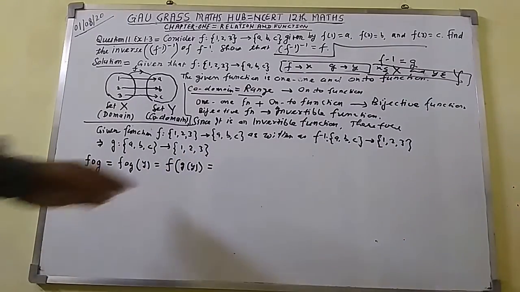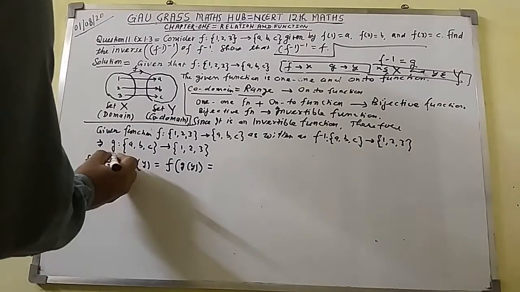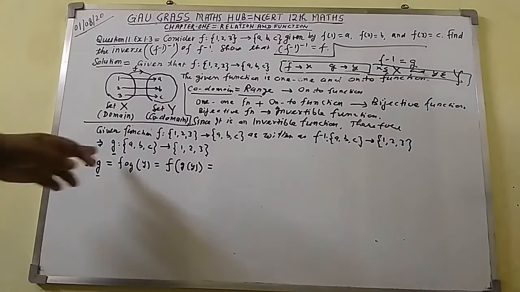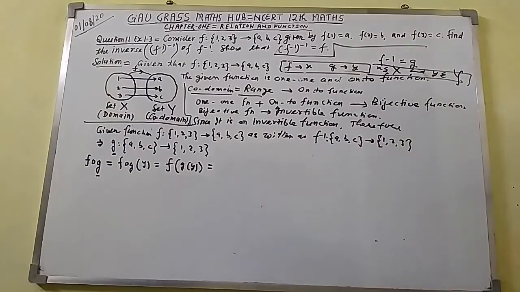Now I have written this one. So what to do here? You have to find what gy is, f of gy. So here you can see G is there, G related to y.